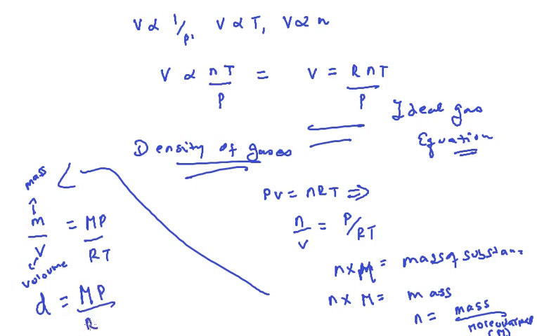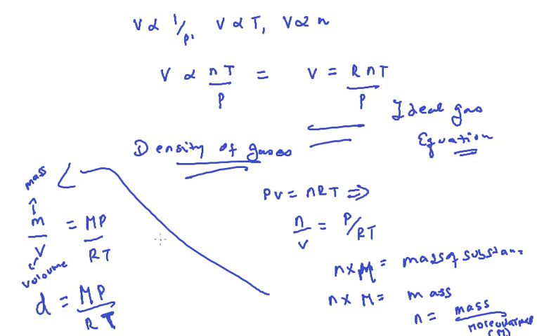You don't have to remember this number. This number will be provided to you, times temperature. So we can see from here the density of any gas. If you would like to compare the density of carbon dioxide versus the density of oxygen, the mass of the two gases will play a great role here. So carbon dioxide will have a higher density than oxygen.